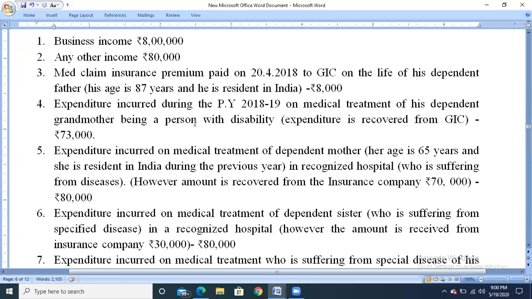Now the maximum amount up to 40,000 we can claim as exemption. The expenditure is 80,000, maximum up to rupees 40,000, whichever is less, that is 40,000. From that, the amount recovered from the insurance company is 30,000. So the balance amount 10,000 will be claimed as deduction under section 80DDB.